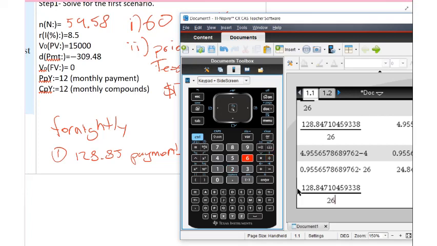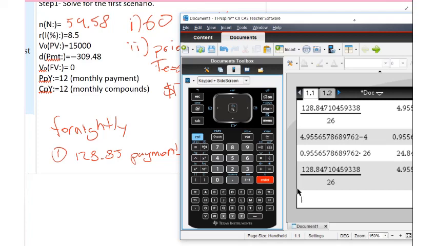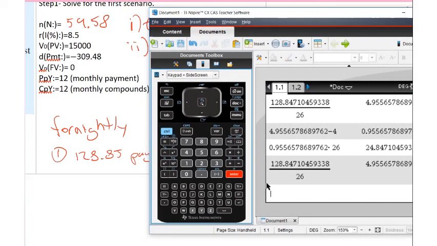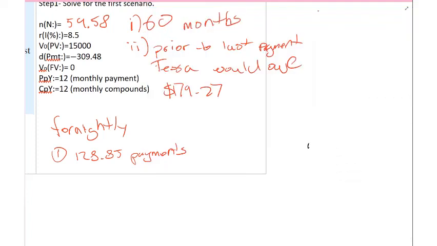Okay, and that gives me 4.955. So that means 4 years.